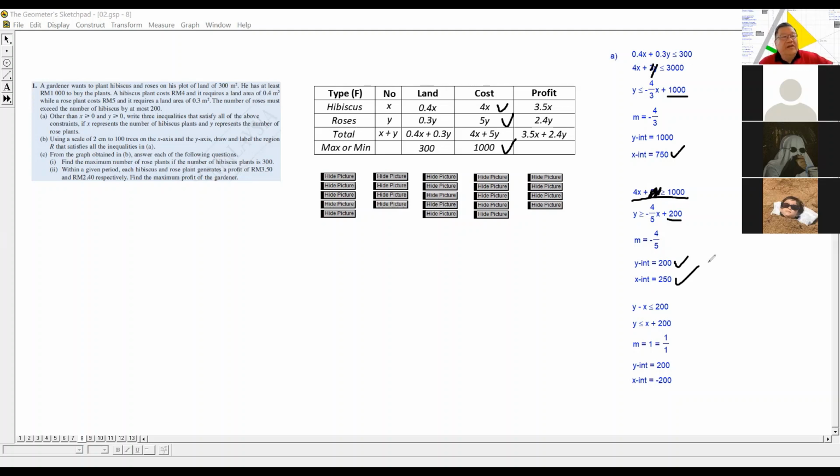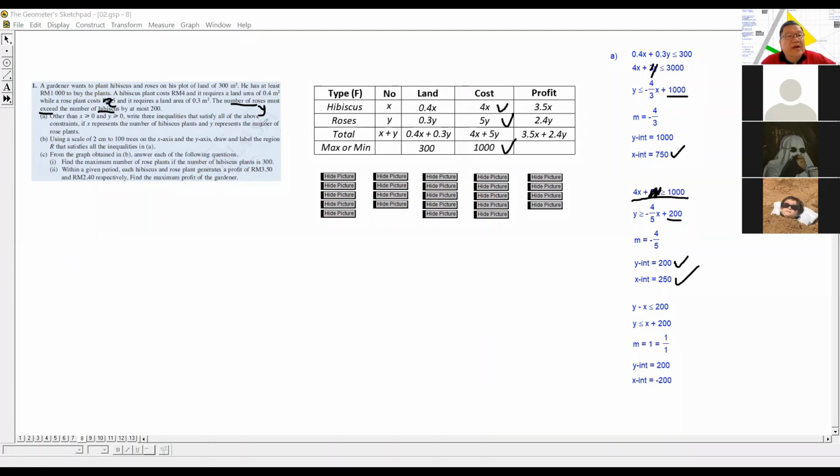Okay, next one. Oh, the next one is, they say the number of roses is y, must exceed, sorry, must exceed. So must exceed means the number of hibiscus is x, no?